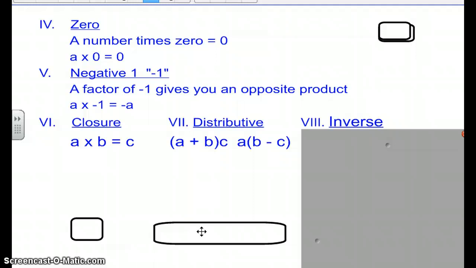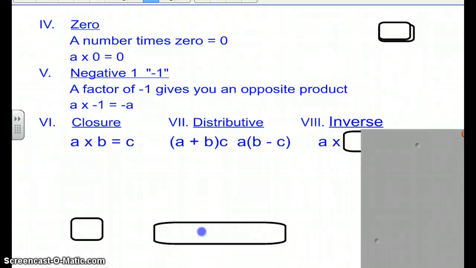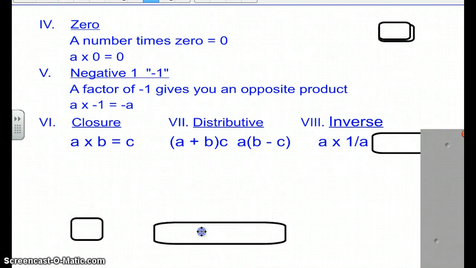So if we take any number, a, and multiply it by its inverse, 1 over a, what do we get? A times 1 over a. A is just a over 1, isn't it? We end up getting what value every time? 1. We get 1, right? We get a over a, or 1. So when we multiply inverses, a number and its inverse, we end up with a product of 1.